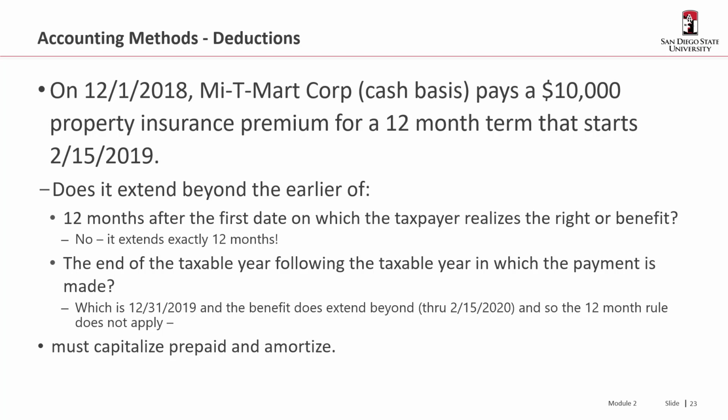But does it go beyond the end of the taxable year following the taxable year in which the payment was made? In this case, the answer is yes, it does. So as a result, they must capitalize and amortize the entire amount. They don't get to say, well, part of it is done before the end of the year. It no longer matters. You either meet the 12-month rule's requirements or you capitalize and amortize.